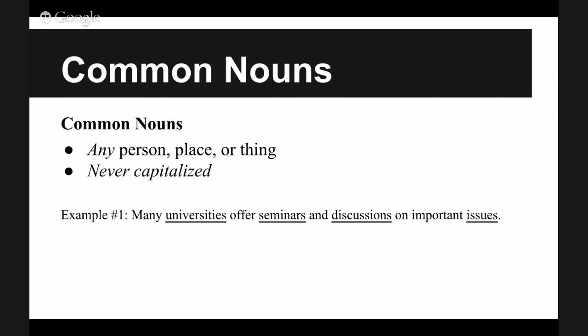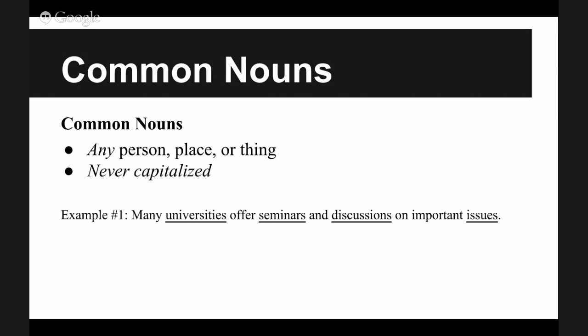A university is a thing, and because we are referring to the general idea or the general place of a university, it is not capitalized in this sentence. A seminar, a discussion, an issue, those are things, but because they were referred to generally in this sentence, they are not capitalized.